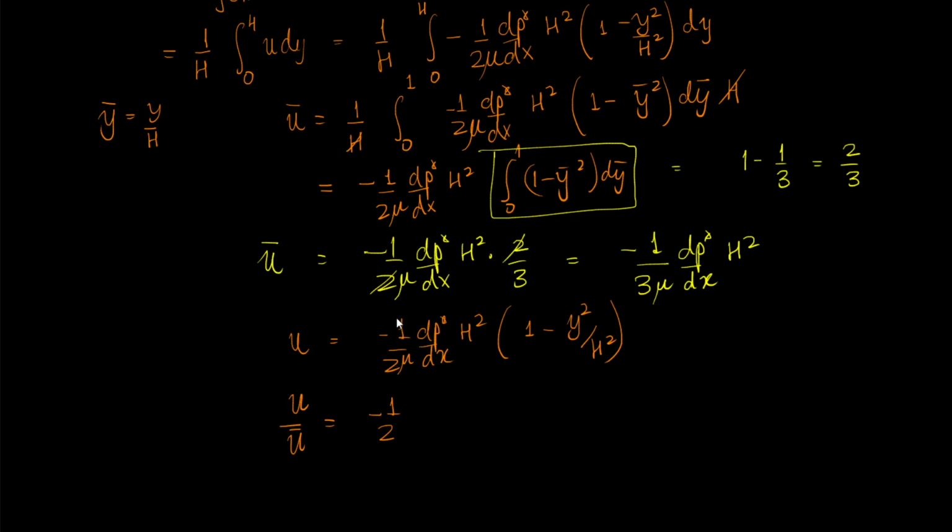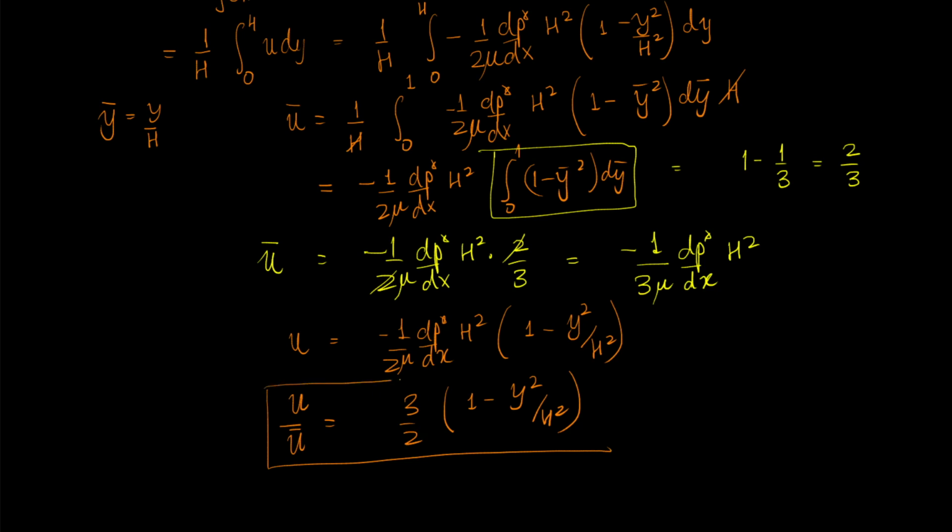The 1 upon mu dp star dx h square terms will cancel out when we divide. So all that will remain are the numerical factors. So it's 3 by 2 times 1 minus y square upon h square. So this is the expression for u upon u average.